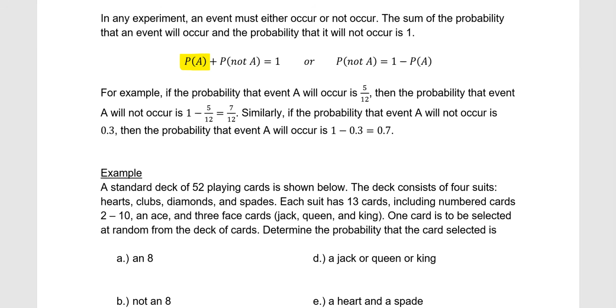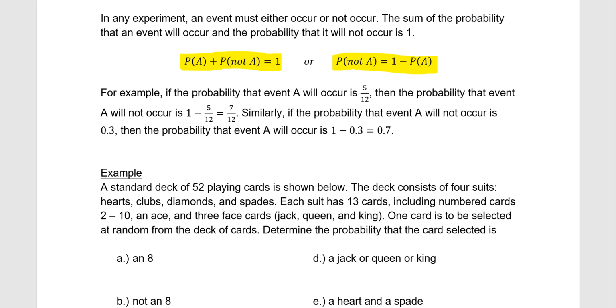Writing that out, the probability of A plus the probability of not A equals 1. If you remember back to working with sets, you can think of not A as kind of like the complement of A. Then we could solve for the probability of not A, and that's equal to 1 minus the probability of A. Technically these are the same exact equations, just rearranged a little bit.